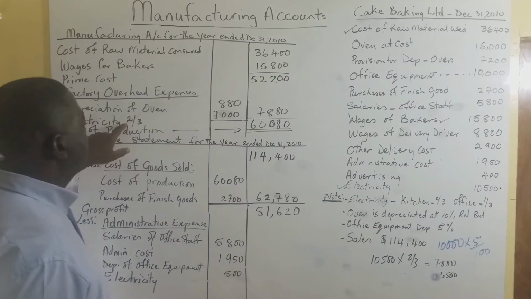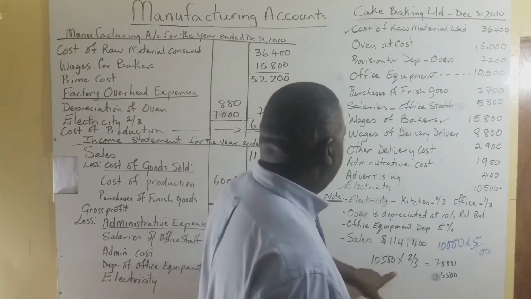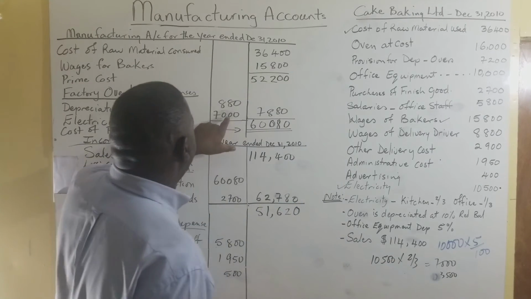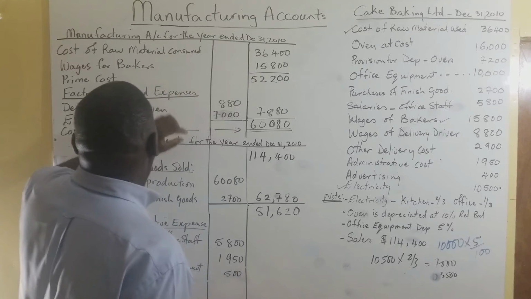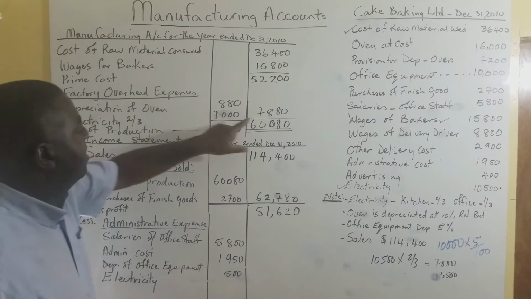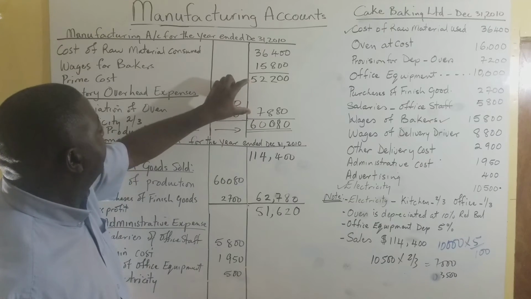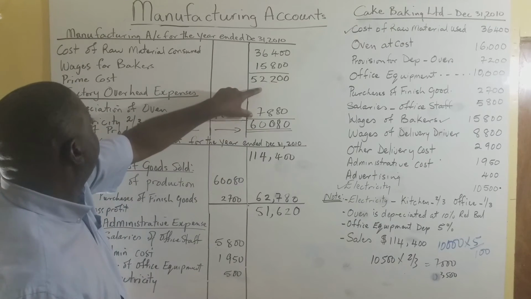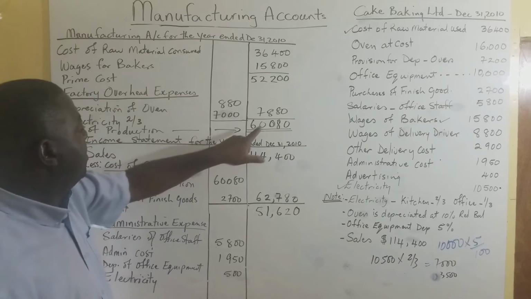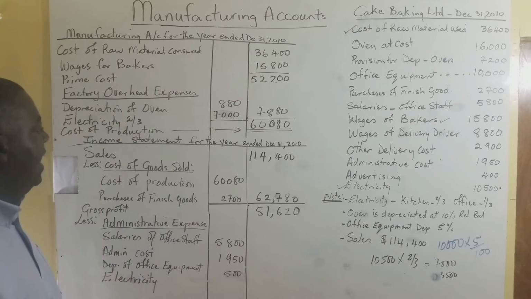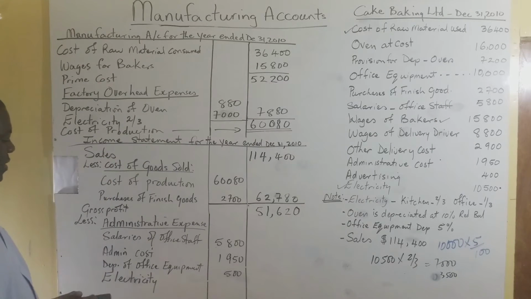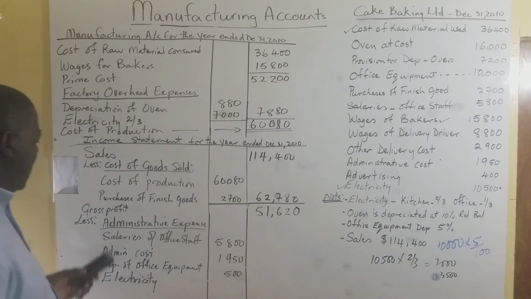We find 2/3 of $10,500, and that gives us $7,000. We're going to add those two items, factory overhead, to get this total. Then when we add the two of them, that is the factory overhead plus the prime cost, gives us the cost of production of $60,080.